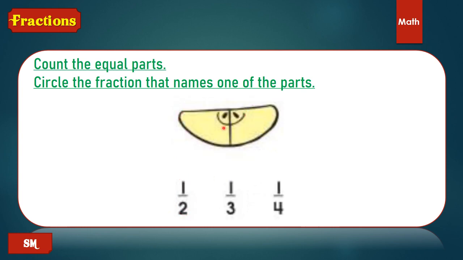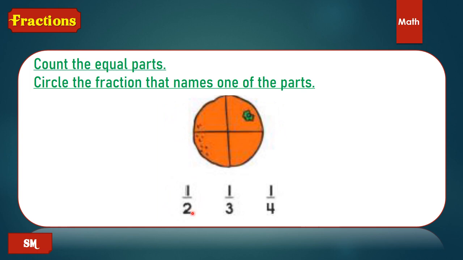Here in this apple, I will take 1 over, how many parts here? 2. I have 2 parts. Very good. So I will circle here 1 over 2. Another one.